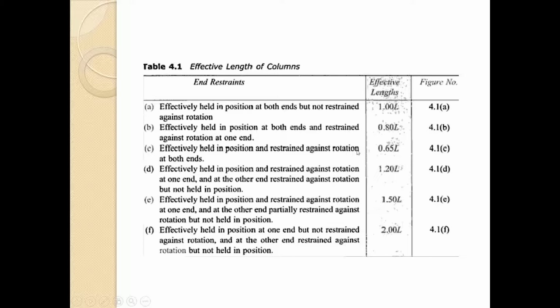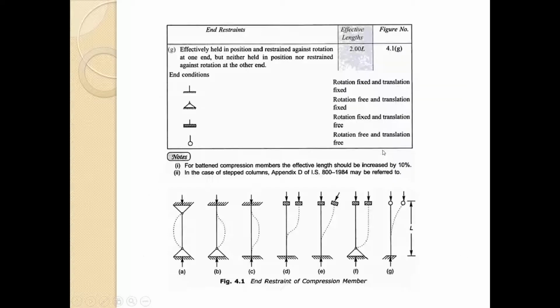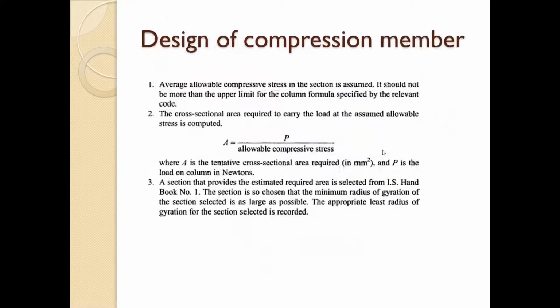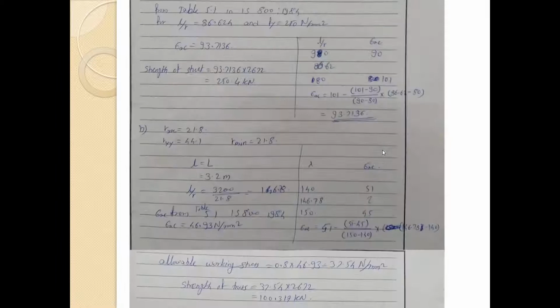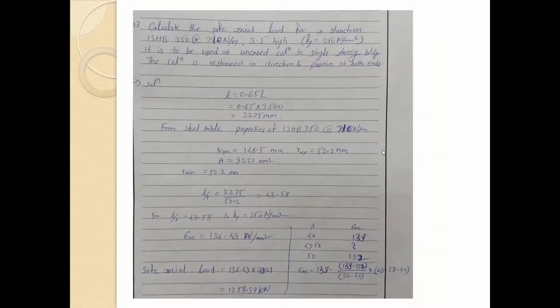So we have here the effective length of 0.65 L. We have the length 3.5 meter, that is 0.65 into 3.5 meter. So we are getting 2275 mm as the effective length.